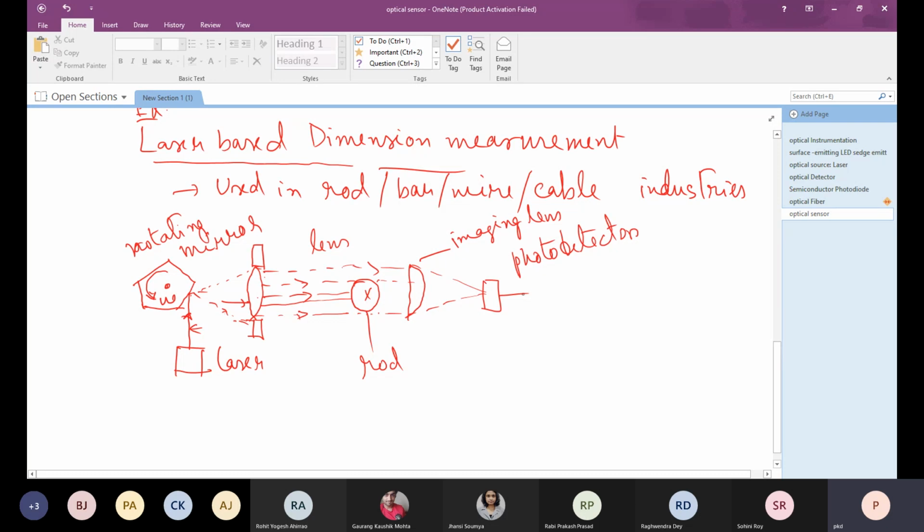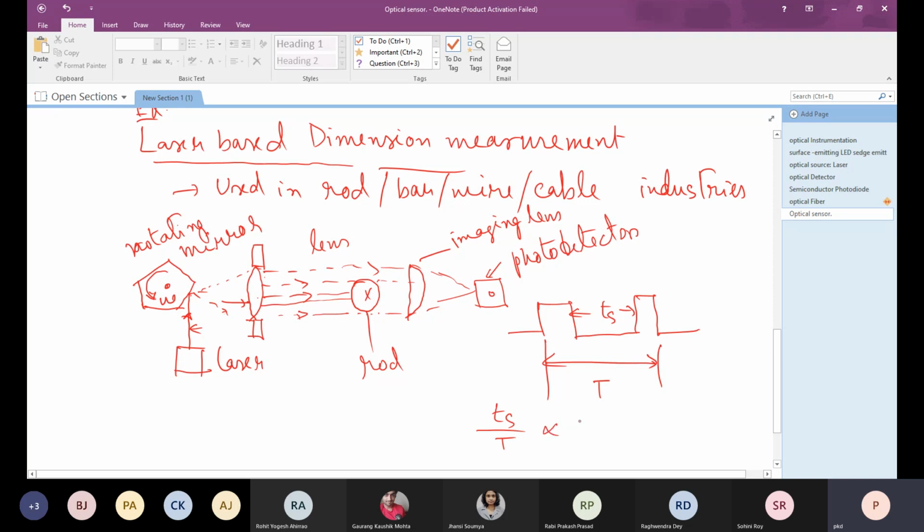And if we see the output, so this is the time which can be called the stopping time, and this is capital T corresponding to the one scan, and Ts by T is proportional to the shadow time, which is proportional to the diameter.